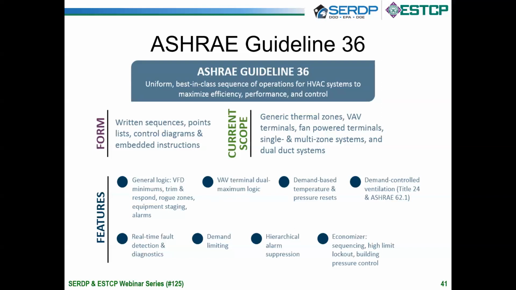This is where a central air handler continually adjusts its supply pressure and temperature to just barely satisfy the most demanding zones, thereby minimizing energy consumption while also ensuring comfort and ventilation requirements are met. And out of the others, one important one is hierarchical alarm suppression, which dramatically reduces the frequency of alarms and helps building operators prioritize their activities.